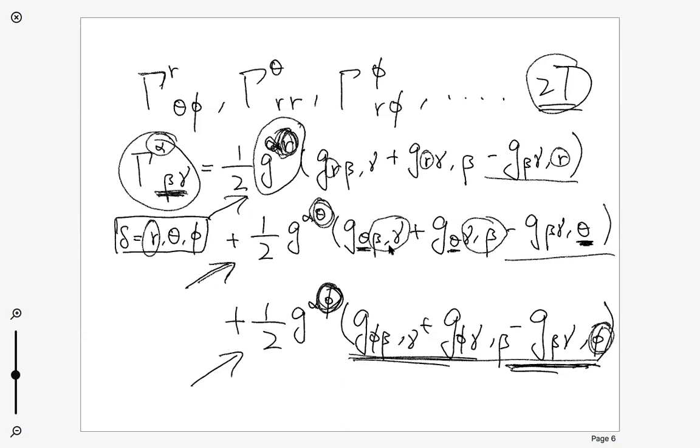If I clear this up to make it look nicer, this is alpha, this is R. This R is specific, but the alpha here is not yet specific.